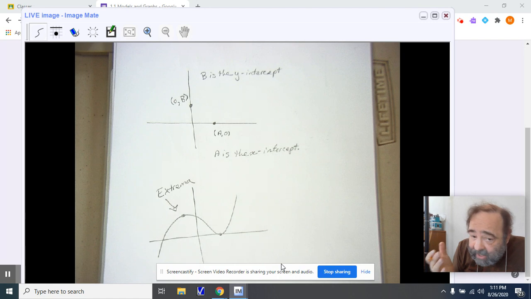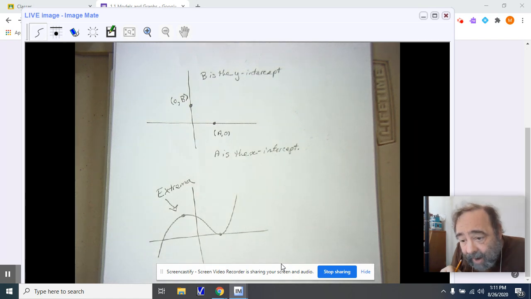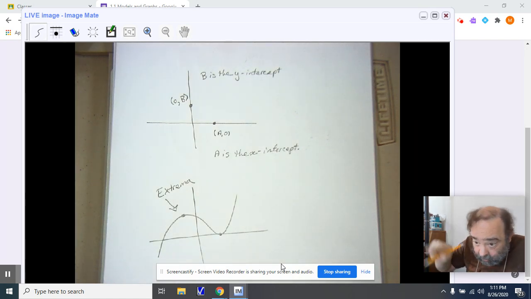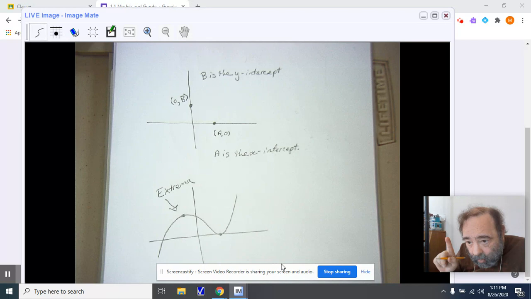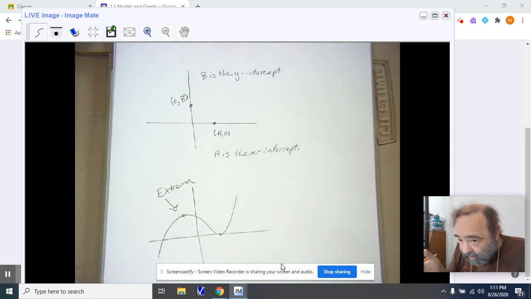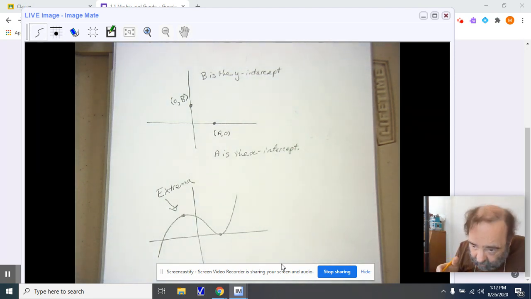So if I'm looking at a cubic, like this one here, it will have at most two extrema. A quadratic, which is just that U shape, has only one extrema, and therefore its degree is 2. So a quadratic has only one extrema, a cubic will have at most 2 extrema, a quartic, which is a fourth degree polynomial, will have at most 3.